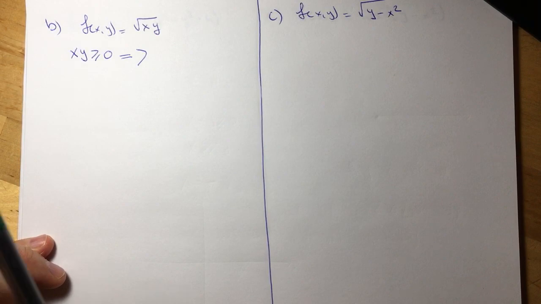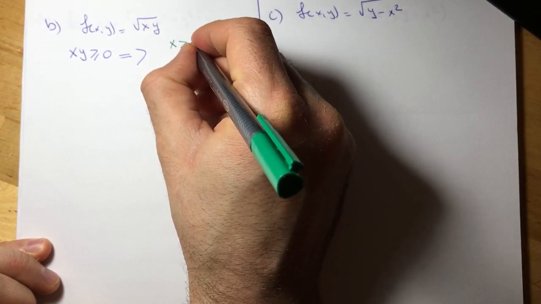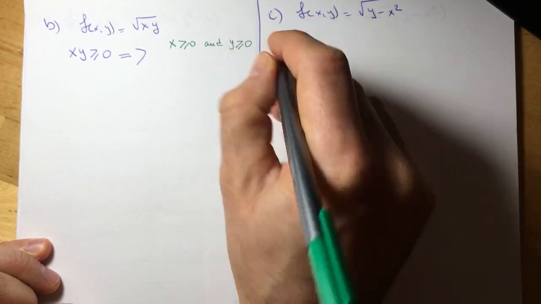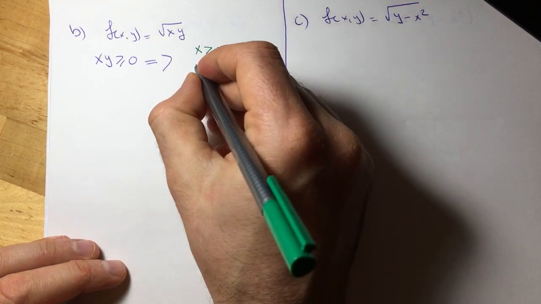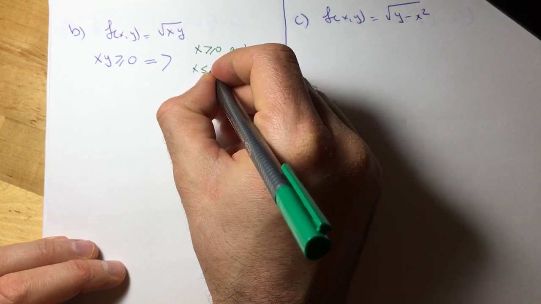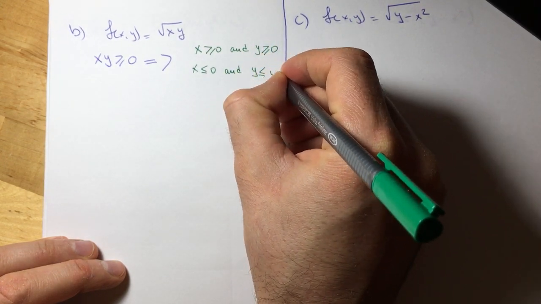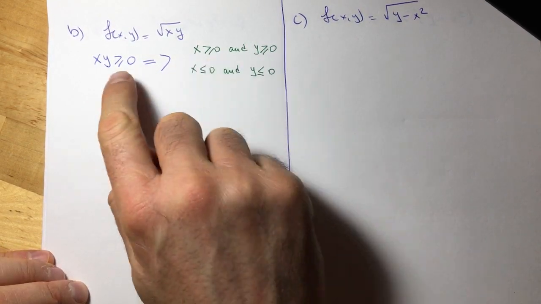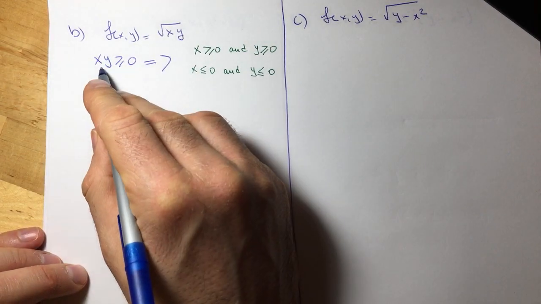Well, this would be satisfied if x is greater or equal to 0 and y is greater or equal to 0, right? Or x is less or equal to 0 and y is less or equal to 0, right? So product of two positive numbers is positive and product of two negative numbers is also positive, right?